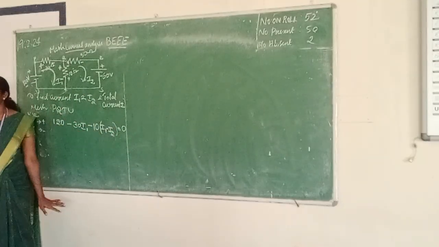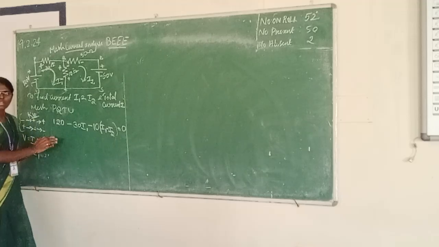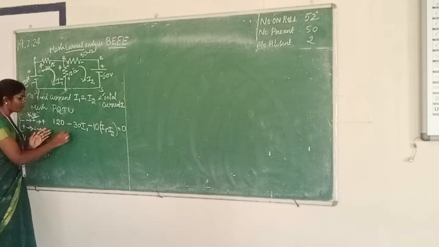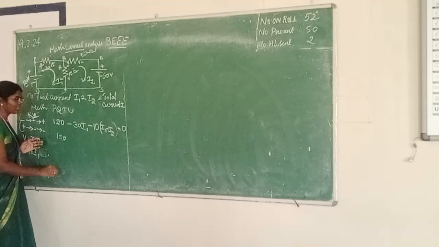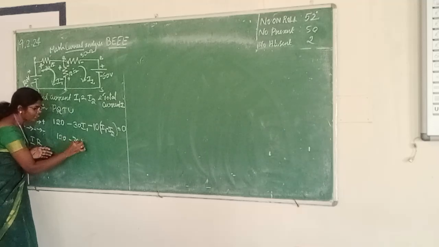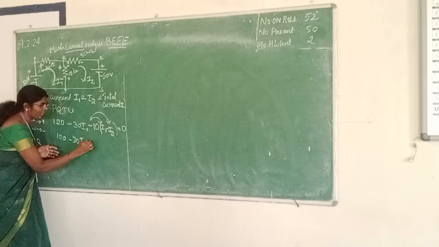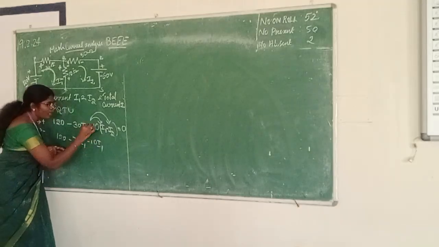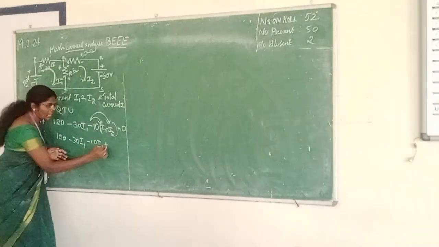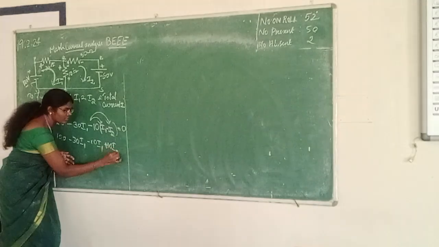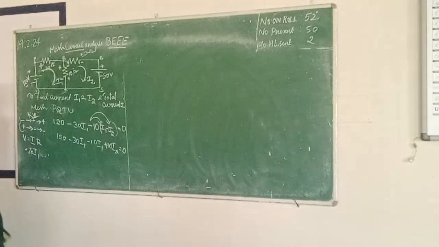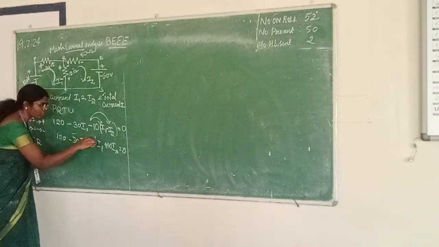Now can we solve it for the first equation? So how will it be? 120 minus 30I1. Just multiply this 10 inside, so it will become minus 10I1. Minus will become plus 10I2 is equal to 0. Okay, shall we add both?